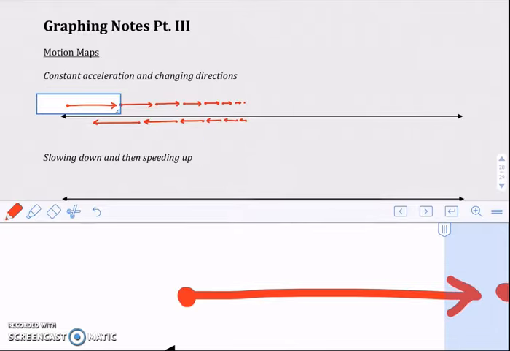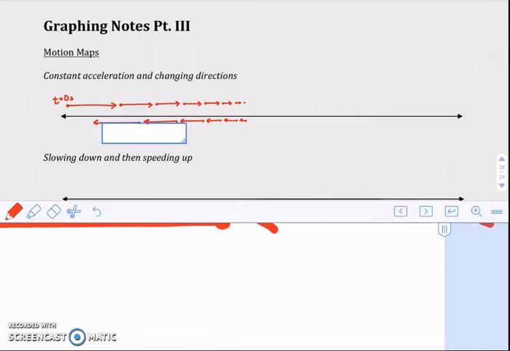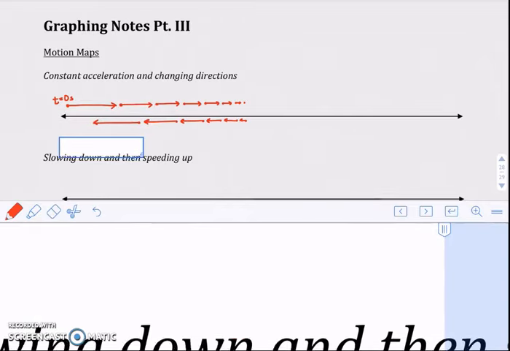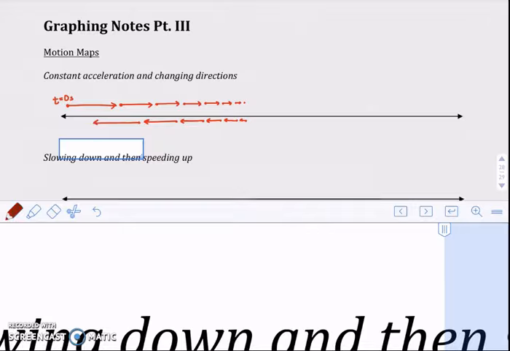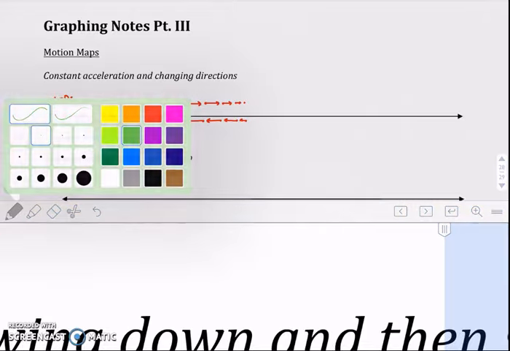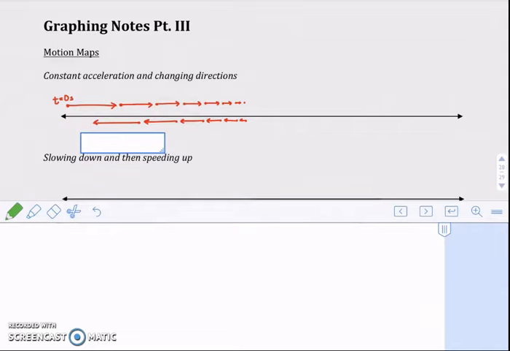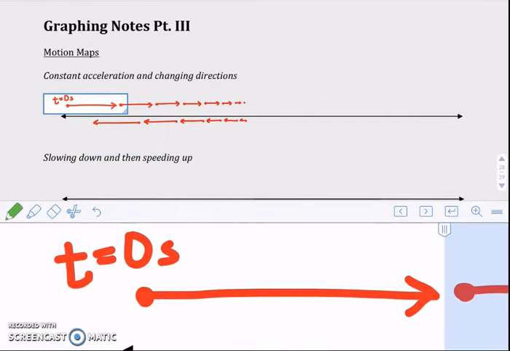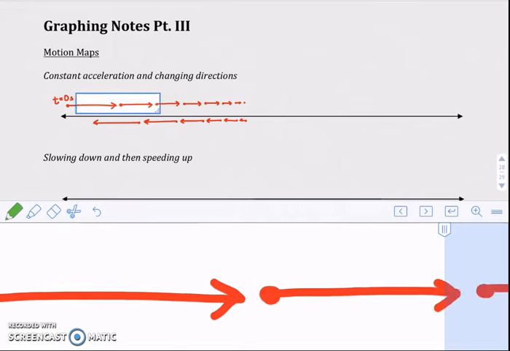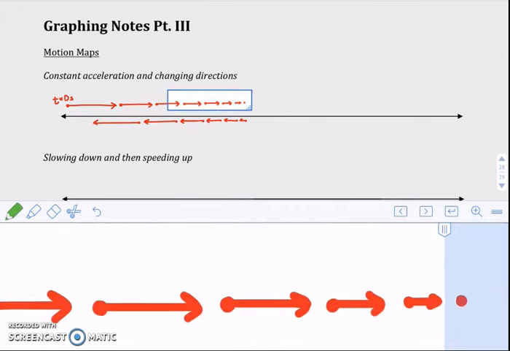And we want to say here that t equals 0 seconds. Otherwise, it's not terribly clear where we're starting. And now the next thing we're going to do is draw acceleration vectors on here. This arrow that's already drawn represents the velocity. So when it's going to the right and it's slowing down, it's getting slower and slower initially.